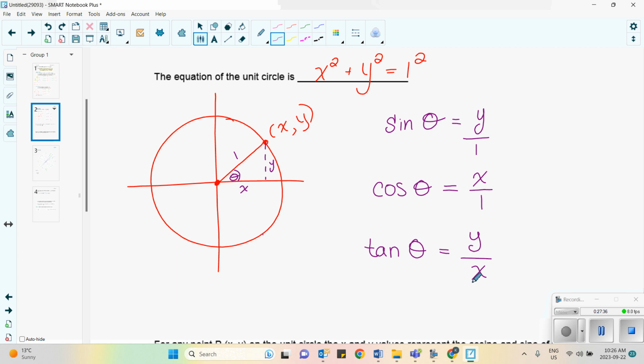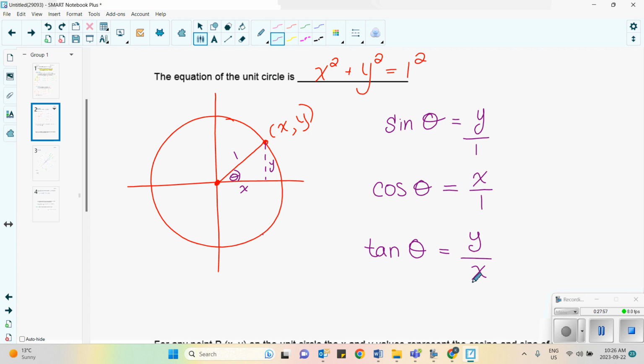All right, so you guys just learned a really important thing there. We know that sine of any angle on the unit circle is equal to the y coordinate. And we know that on the unit circle, any x coordinate is cos.